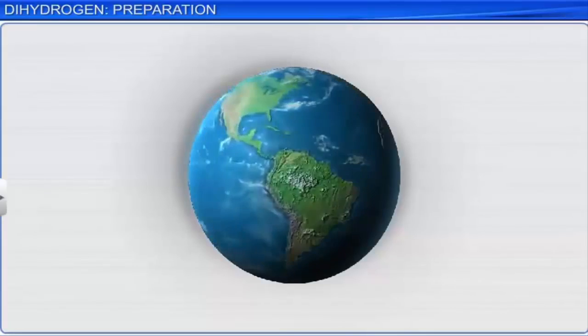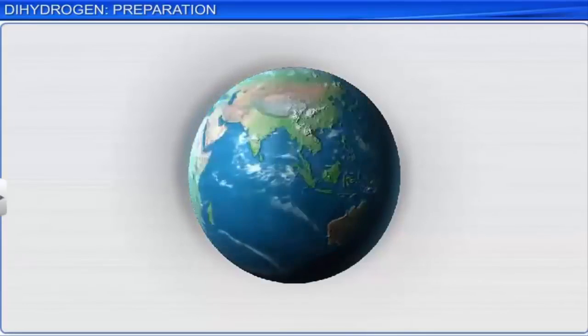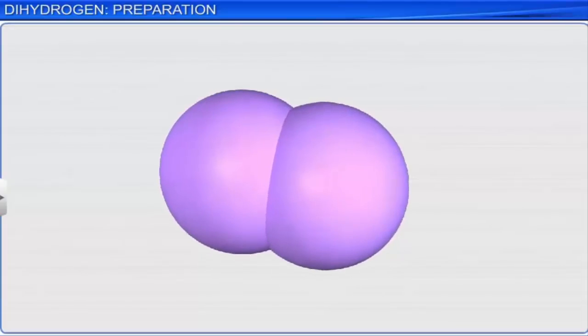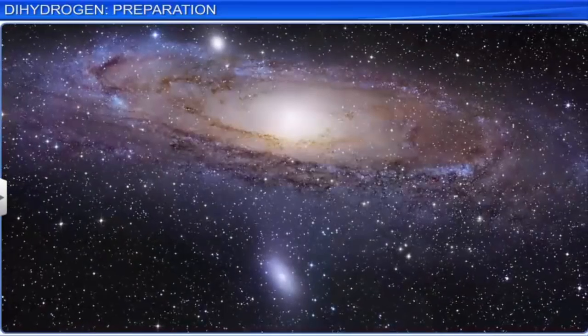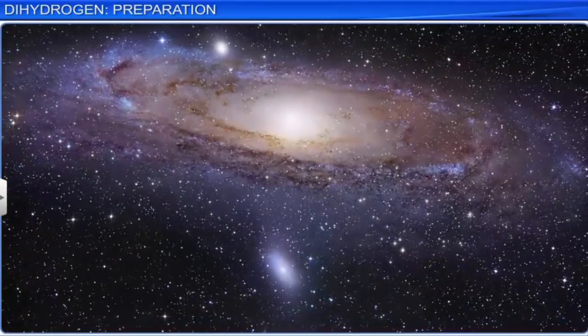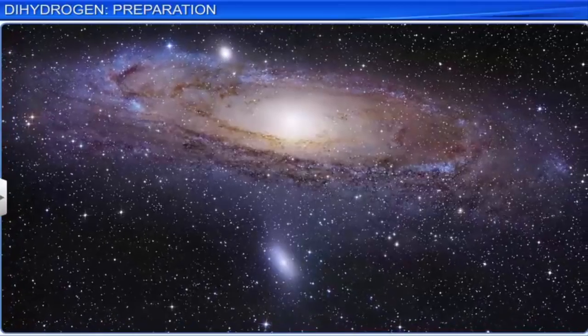On the Earth, hydrogen only exists as a diatomic molecule called dihydrogen or in a combined form. This most abundant element accounts for approximately 70% of the mass of the universe.